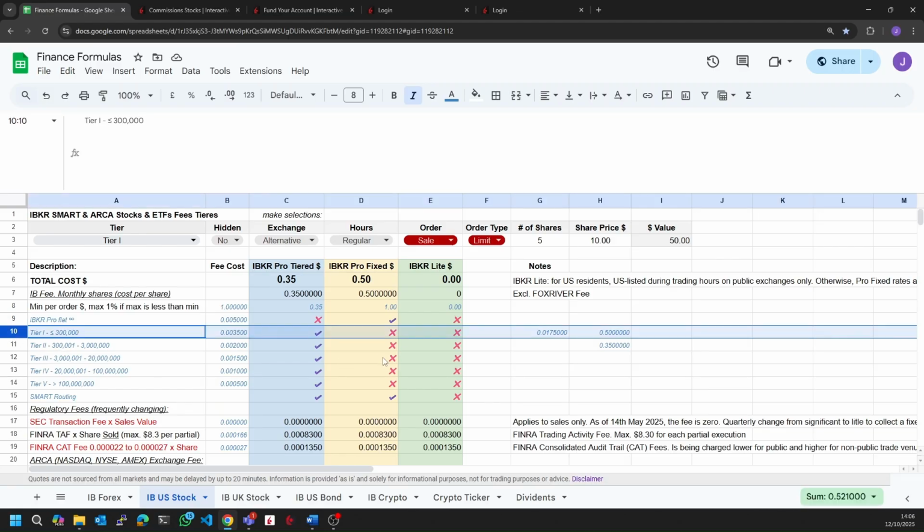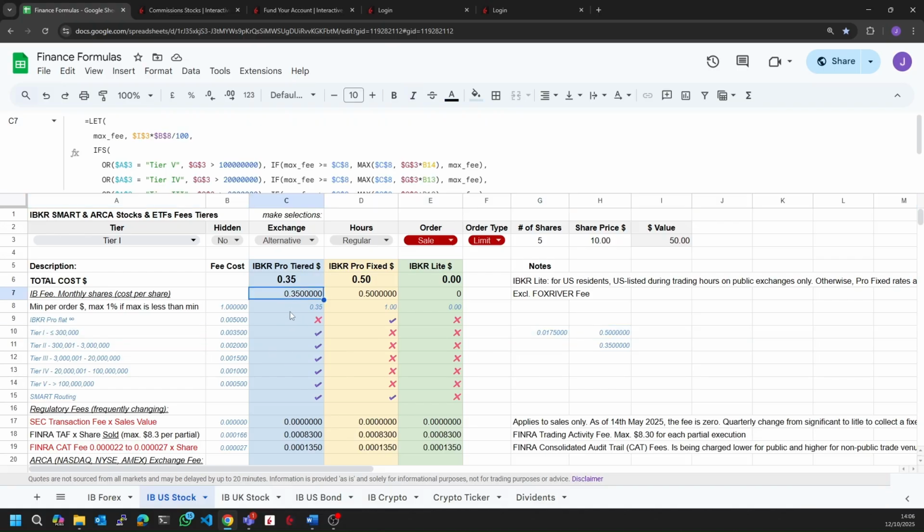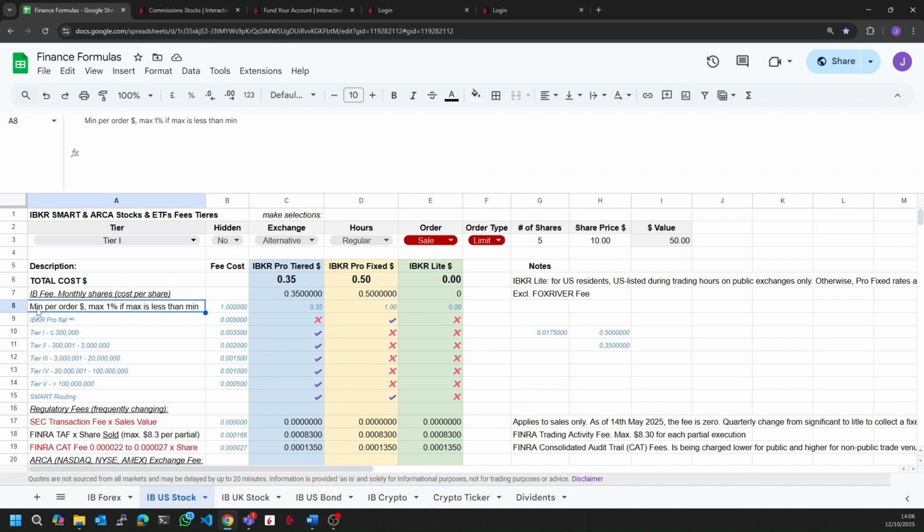Basically, what we need to understand here is the minimum per order, also not obvious to understand. The minimum per order is 35 cents, or $1 for the fixed fee here.